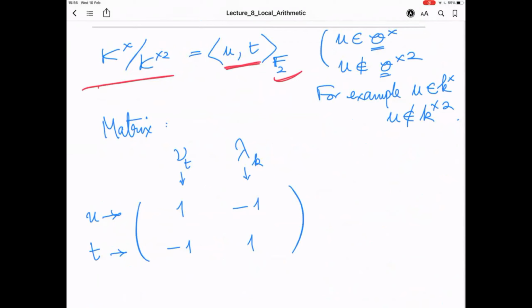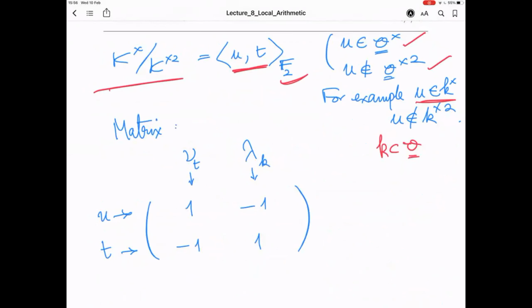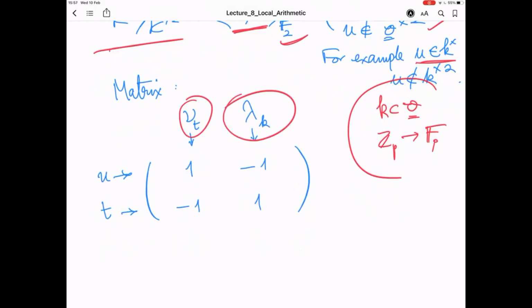And it admits a basis consisting of these two elements, where U is any unit which is not a square. Or, for example, I could take U to be in K star itself, because K now is contained in O. Whereas in the case of Zp, it doesn't contain Fp. There's a surjection, but there's no inclusion in the other direction, right? As I just explained. So here are the two characters, nu T and lambda K.